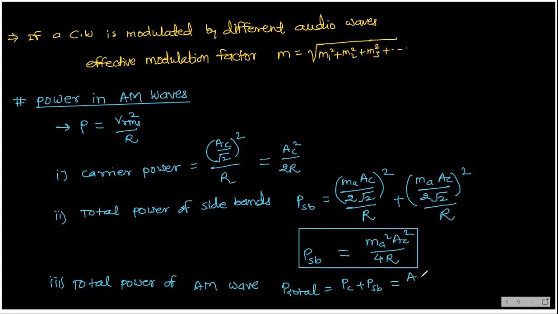Ac square divided by 2R plus ma square Ac square by 4R, and that is equal to, if Ac square by 2R we are taking common, Ac square by 2R into bracket, what you will get? Yes, 1 plus ma square by 2. Okay, note down this.